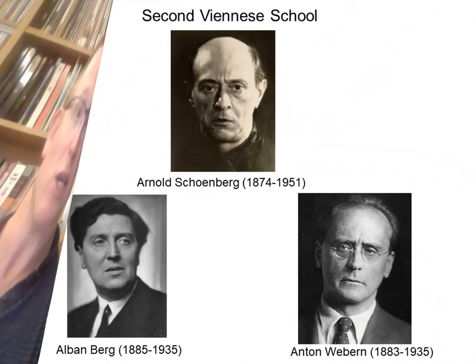So I think that's one of the problems that this serial technique is attempting to address, to give composers a way of using dissonance and chromaticism in a way that becomes a fundamental part of a coherent musical language, like the major-minor system that tonal composers used before 1900.